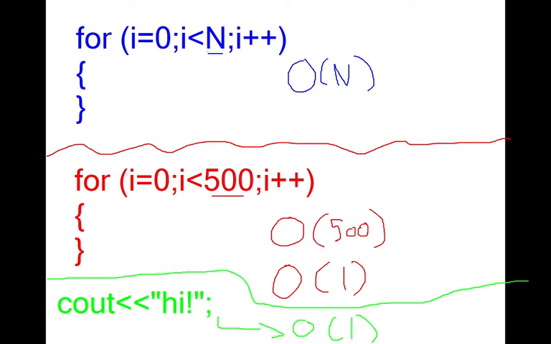So remember, anything which is constant, if you are considering a piece of code with a constant number of iterations, its complexity will always be order of 1, and order of 1 is the best. This is the minimum amount of time an algorithm can consume, right?